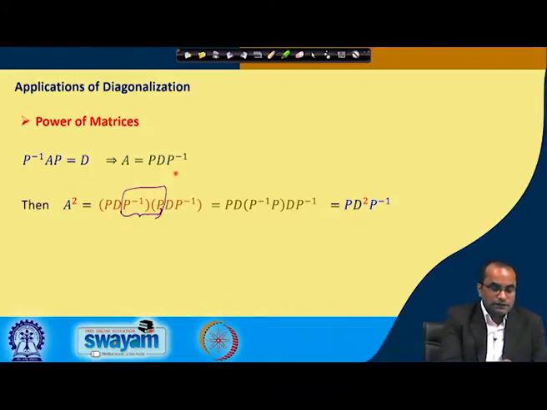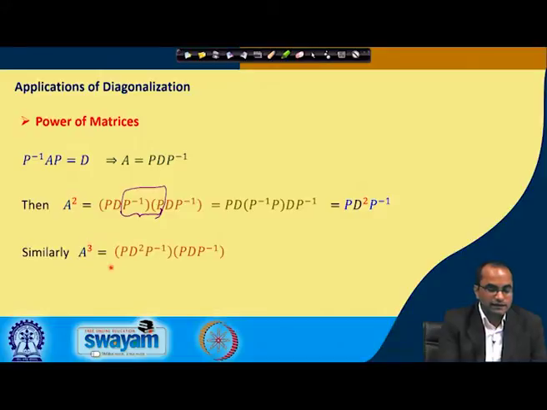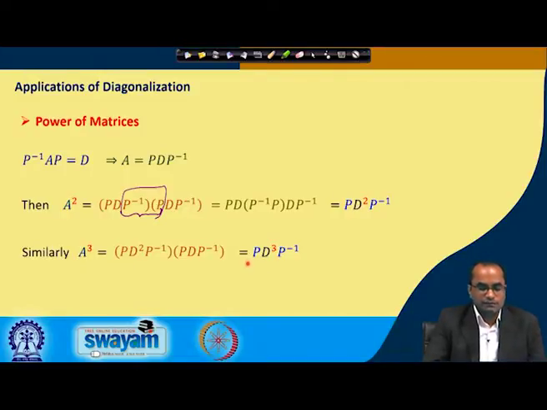So, why A square comes out as P D square P inverse, we can continue this idea. For example, for A cube the same similar structure will happen. So, P D square P inverse, that is for A square, and then again multiplied by A, and this P inverse P will again become the identity matrix, and we will have P D cube P inverse. So, what is the point here?